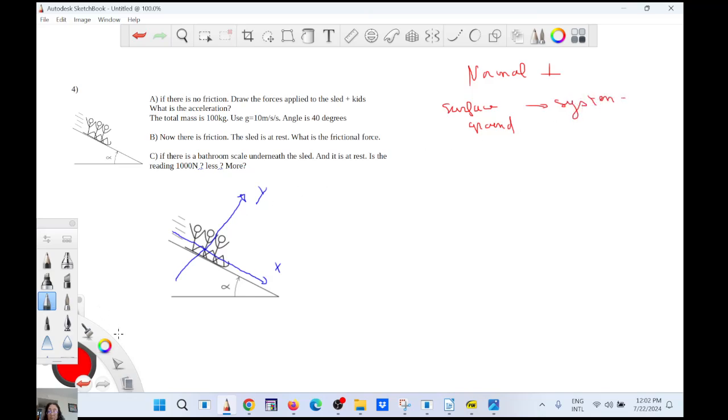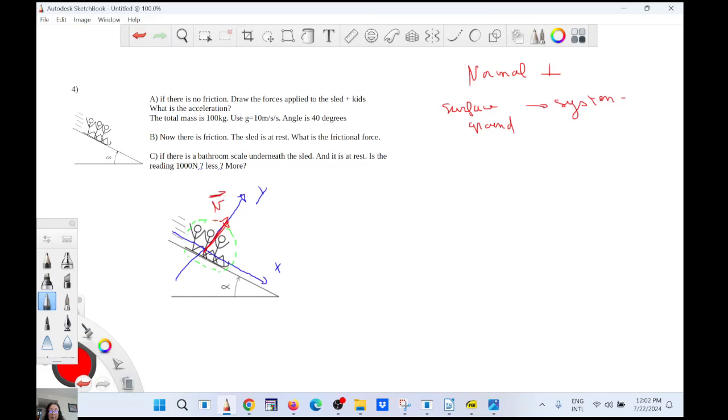In that case, the system is the sled plus the people sliding. So where is the normal force? Always from the ground or the surface to the system, and it has to be perpendicular to the surface. So that means the normal force is going to be here.